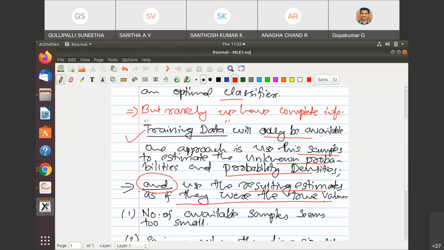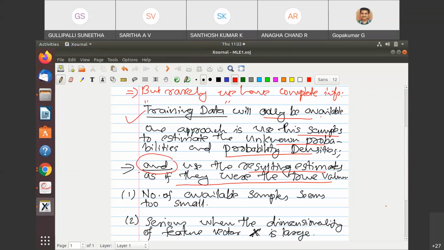But we assume that whatever we find from the given training data are the true densities or probabilities in the realistic situation also. That is only an assumption, and we go ahead with it as the best one available to us.